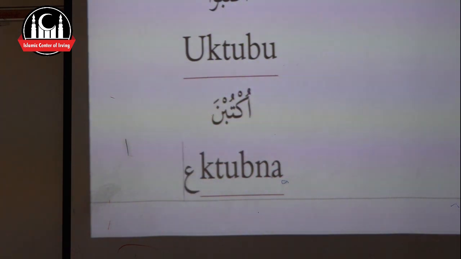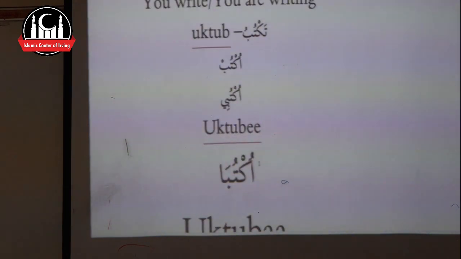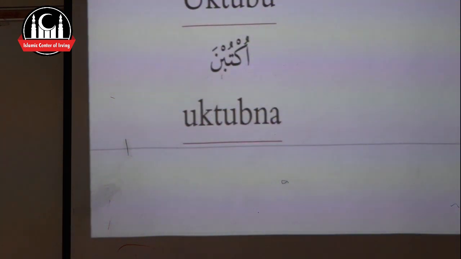Let's cut this off, put a U. And then uktubna, if I cut off the noon, it becomes uktub, which is a different tense completely. So they're going to keep the noon. They're going to keep the na here. Otherwise it becomes uktub, which is the same as this uktub up here. Right? So we don't want to do that. So they keep the na to indicate that it's feminine plural. Okay? It's quite a bit to take in.